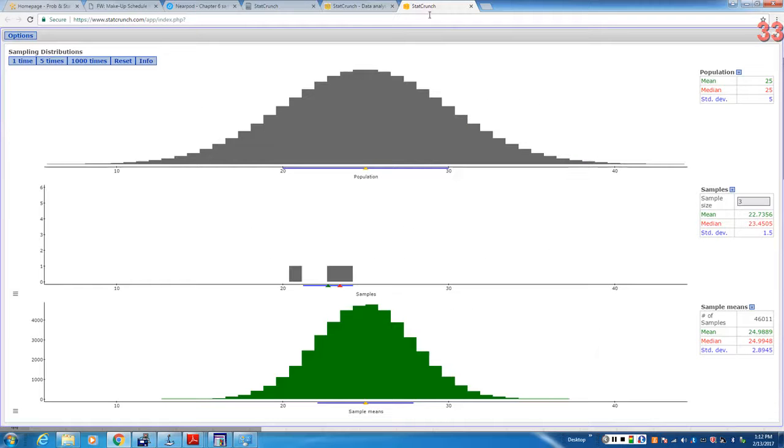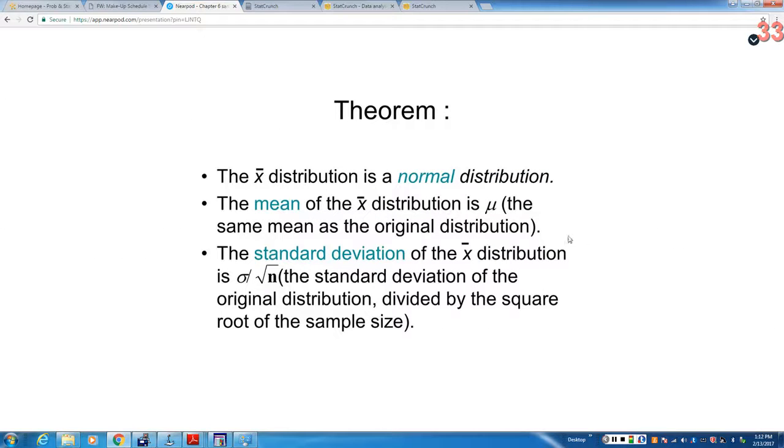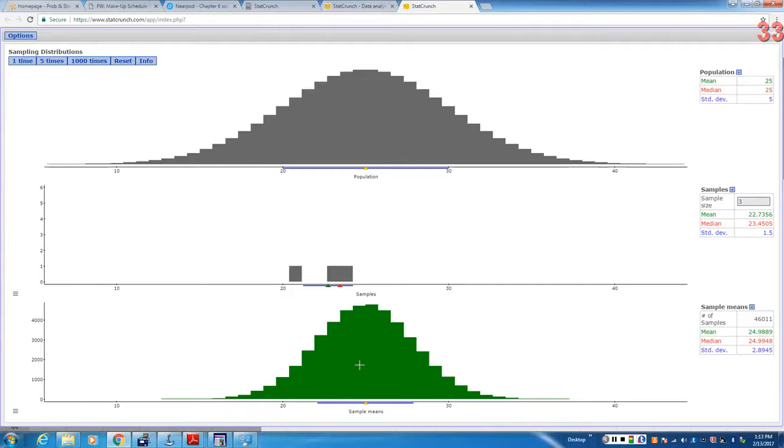That's what we did right here. Then it says, let the x bar distribution, that means the distribution of the sample means, in other words, this one right here, be a normal distribution.